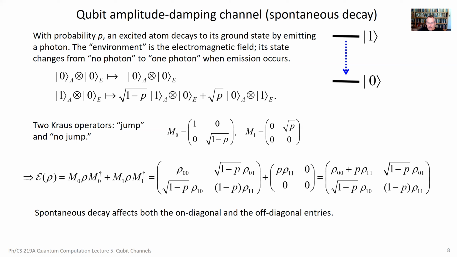And there's a relationship between what happens off the diagonal and on the diagonal. In particular, the probability of being in the excited state gets suppressed by 1 minus p, and the off-diagonal terms get suppressed by the factor square root of 1 minus p.